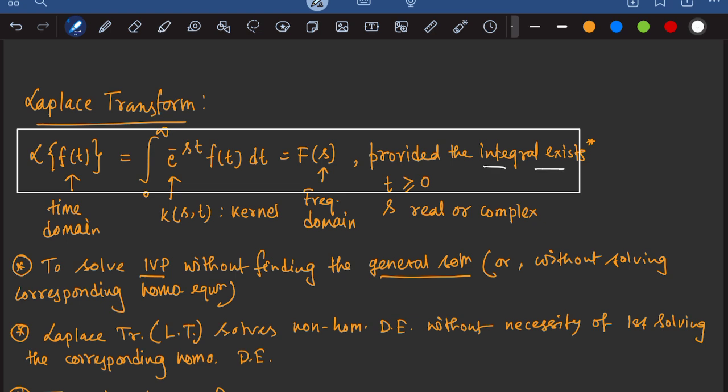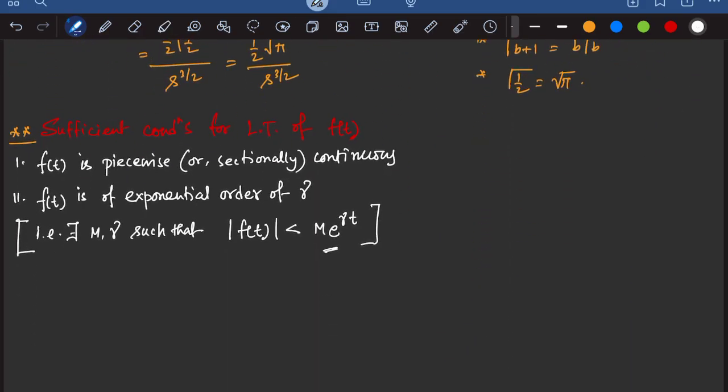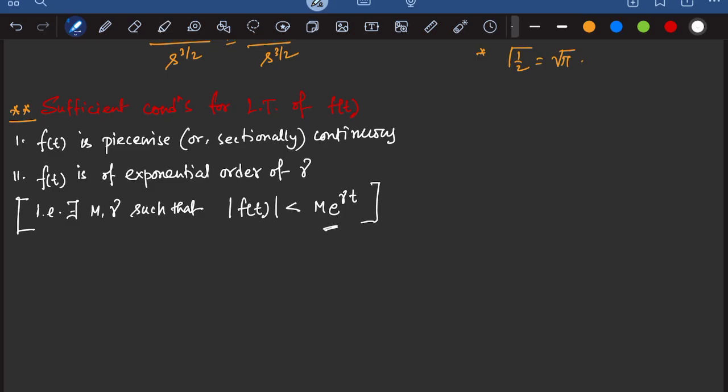Integral exists means this function should be of exponential order, then only the integral can exist. This is the sufficient condition for Laplace transformation. Note that these two conditions are not necessary conditions. These are sufficient but not necessary conditions.